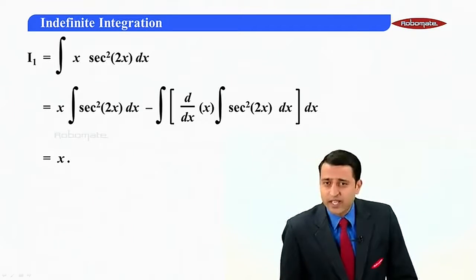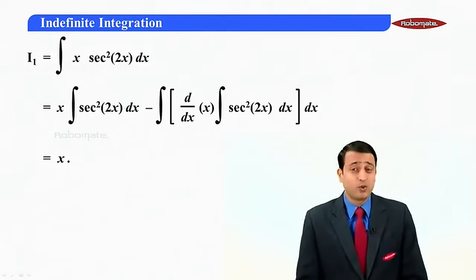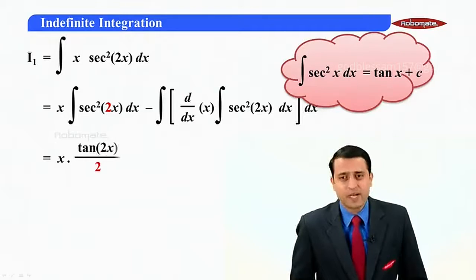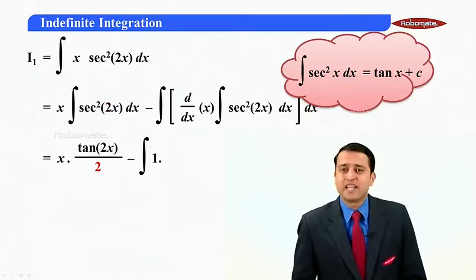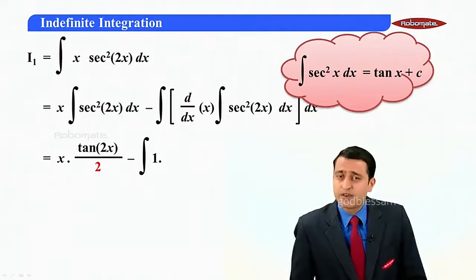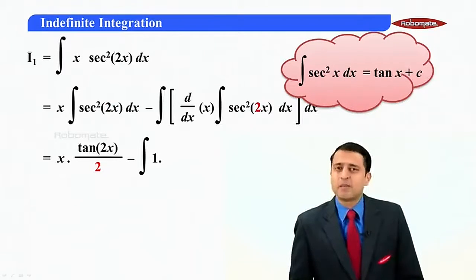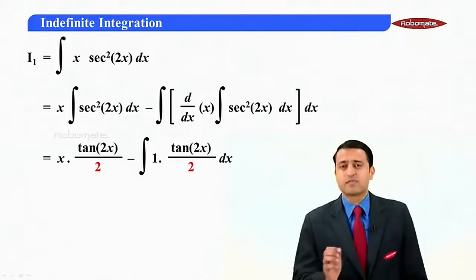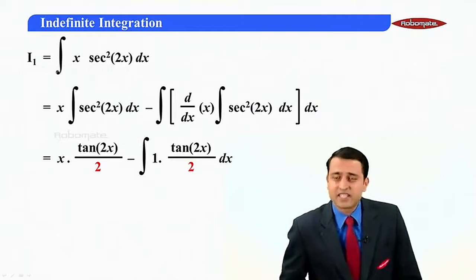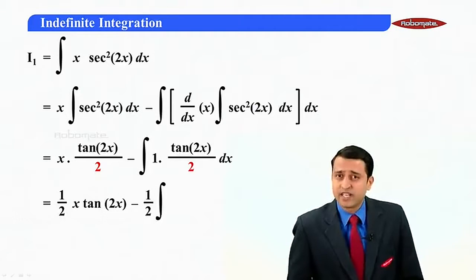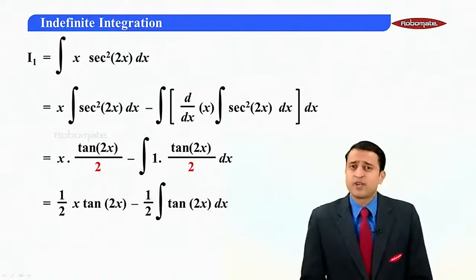Now my dear students, let's apply the formula. Integral of sec square 2x, can I say it is nothing but tan 2x upon 2. Because the coefficient of x is 2, we divide by 2. So minus integral of d by dx of x, that is nothing but integral of 1 into, again the same, tan 2x by 2. Yes my dear students. Now let's rewrite this as x by 2 tan 2x minus 1 by 2 outside the integral and integral of tan 2x dx.